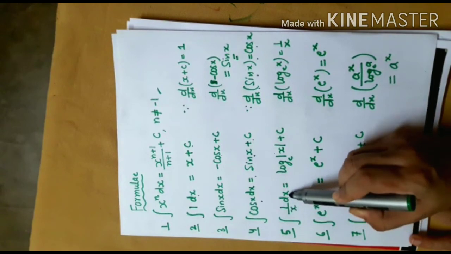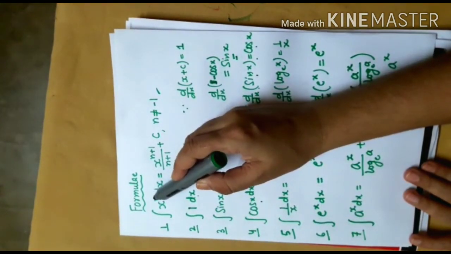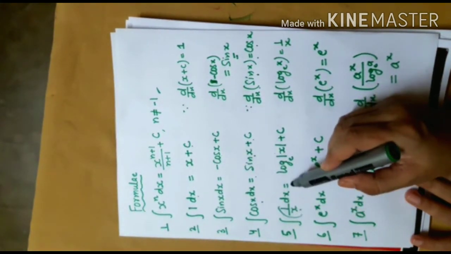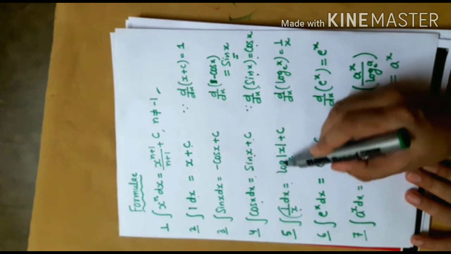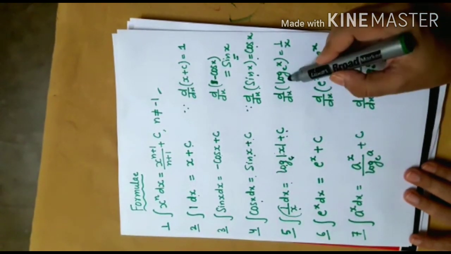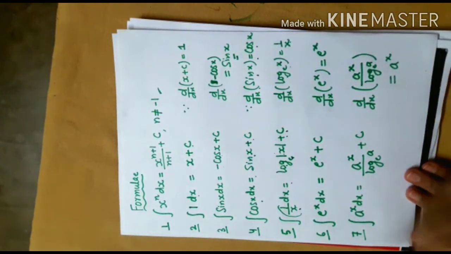Integral 1 by x dx. Yes, when n is equal to minus 1, integrand will become 1 by x. So it will be log of mod x to the base e plus c, because derivative of natural log x is 1 by x.